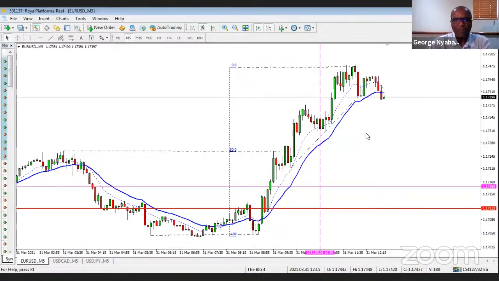Is trailing bar by bar better than price action? I'm not quite sure what you mean bar by bar versus price action. Okay, so firstly, trailing, I presume you're talking about trailing stops. Do you trail stops? Now, everything is price action, because price action is what's unfolding in front of you. So I trail my stops based on the price action in front of me.